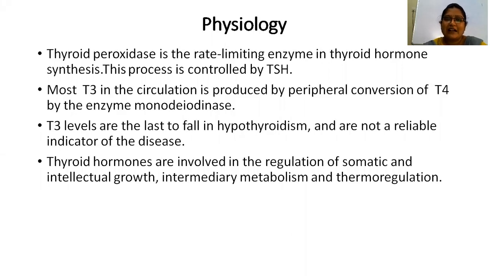So when there is hypothyroidism, T4 is converted to T3, and there is compensation of T3. As a result, T3 levels are the last to fall in hypothyroidism and are not a better indicator of the disease. The role of thyroid hormones is in the regulation of somatic and intellectual growth, intermediary metabolism, and thermoregulation.